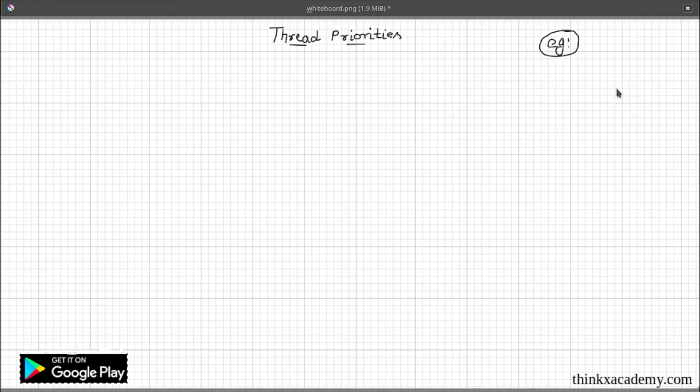First of all, let's say we have a cinema hall which has some seats available inside this hall, and let's say there are 100 seats. There is a manager of the cinema hall, and this manager wants to fill these seats.